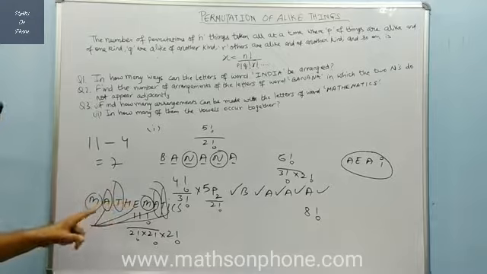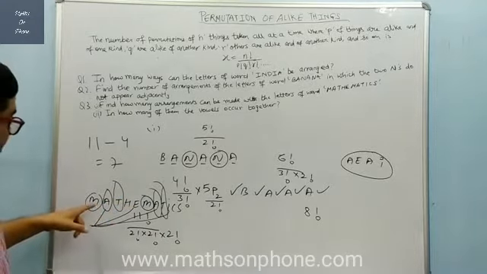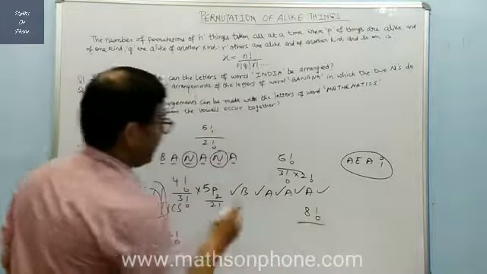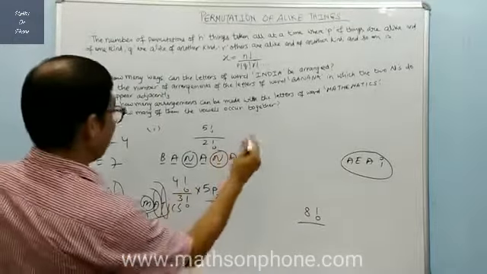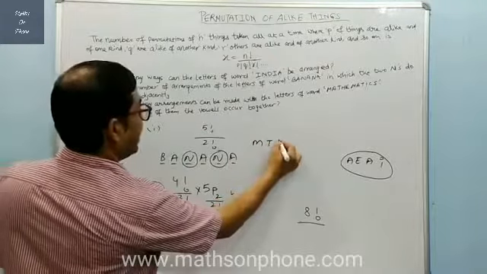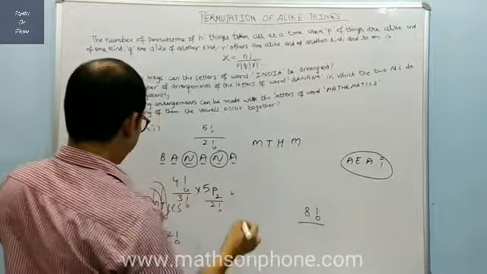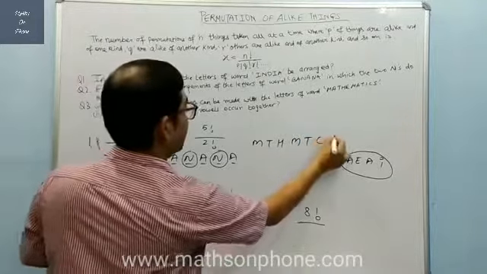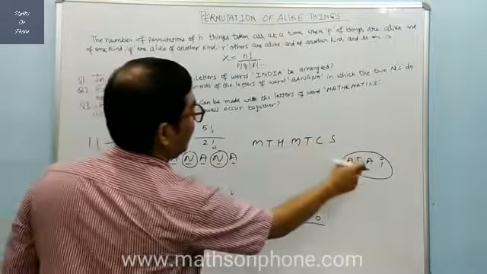Out of these 8 things, we have to see whether something is repeated or not. See, 2 m's are repeated. What 8 things are there? I'm just writing here. So we are just left with M, T, H, M, T, C, S. 1, 2, 3, 4, 5, 6, 7 and this.